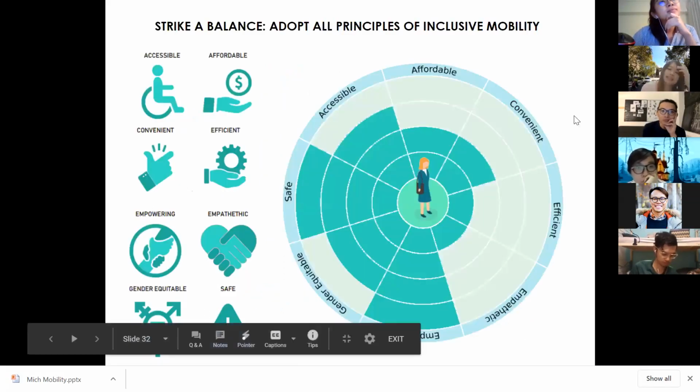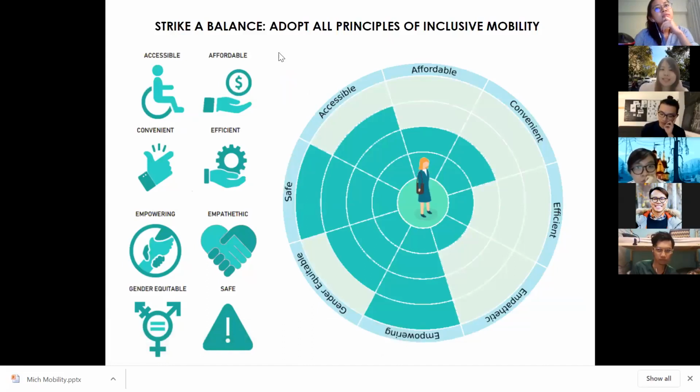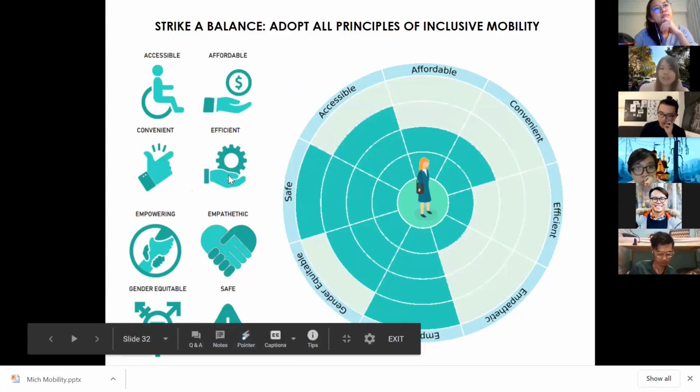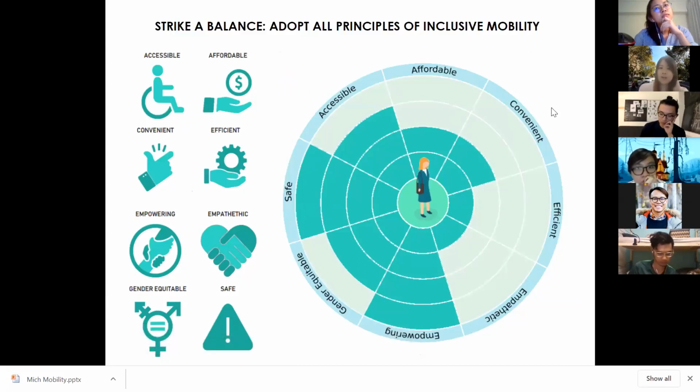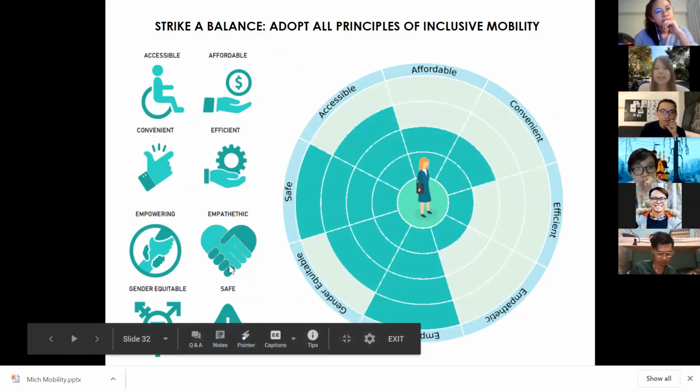So yeah, this is the visual tool I mentioned. From all these 51 case studies, I found the 8 most important principles of inclusive mobility. Some are quite prominent, like affordable, accessible, safe, convenient. But some are often overlooked, like empowering, empathetic, and also gender equitable.